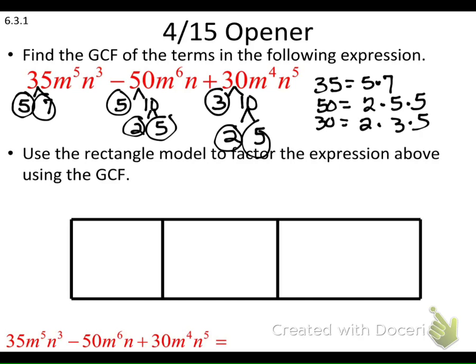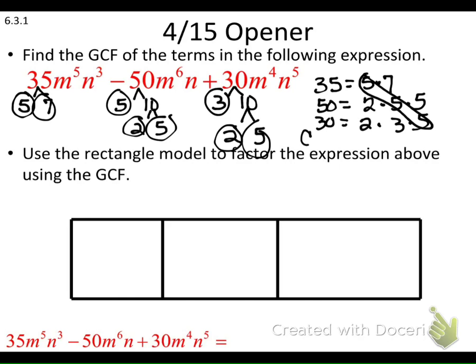Okay, once I do that, I then go through and do what next? Okay, what do all three of these numbers have in common? Do they have anything else in common? No. Oops, that's a 3 I circled, isn't it? There we go. So 5.